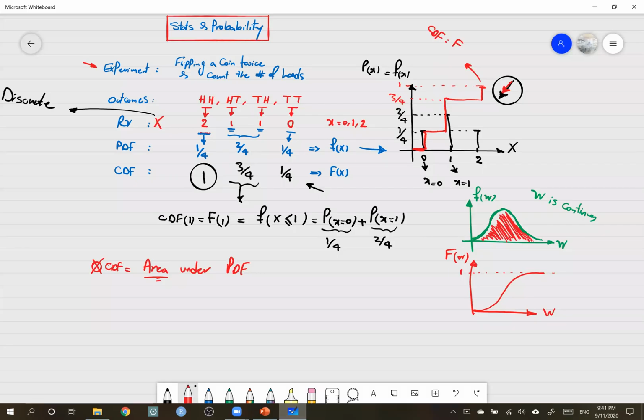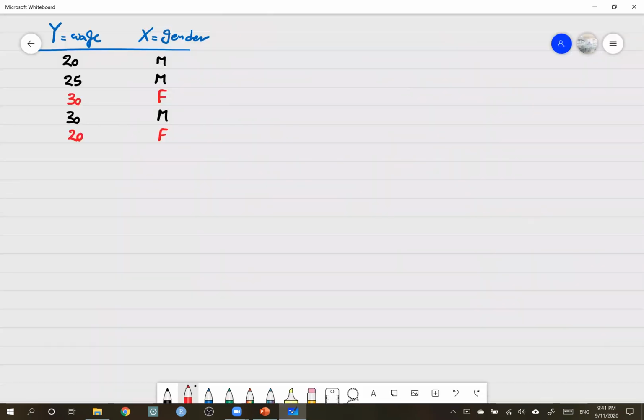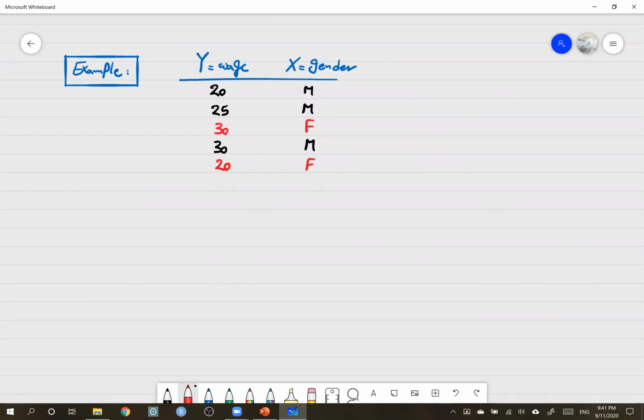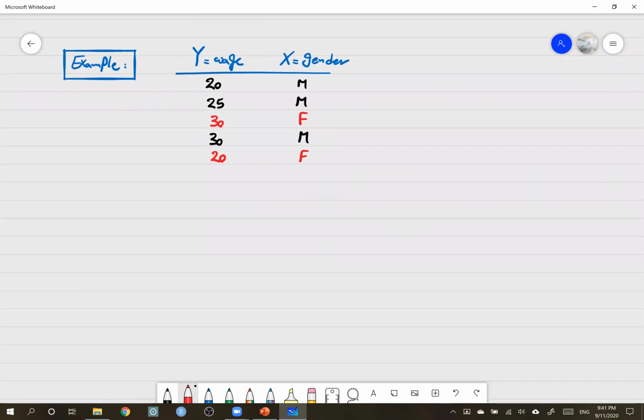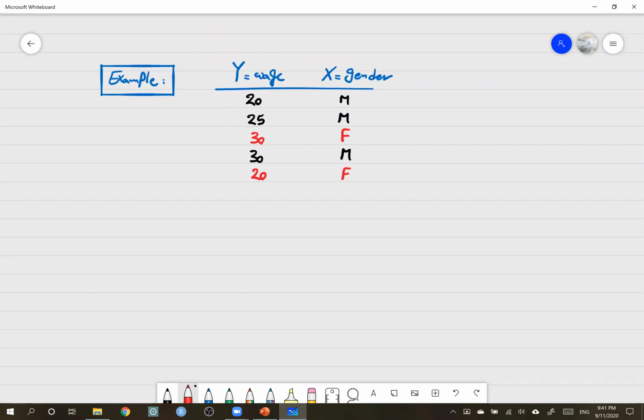All right, so let's go back to an example. We are working with a very small, tiny data set here. I use two different colors. Imagine the variables of interest are: capital Y is my random variable, let's say hourly wage, and capital X is gender.